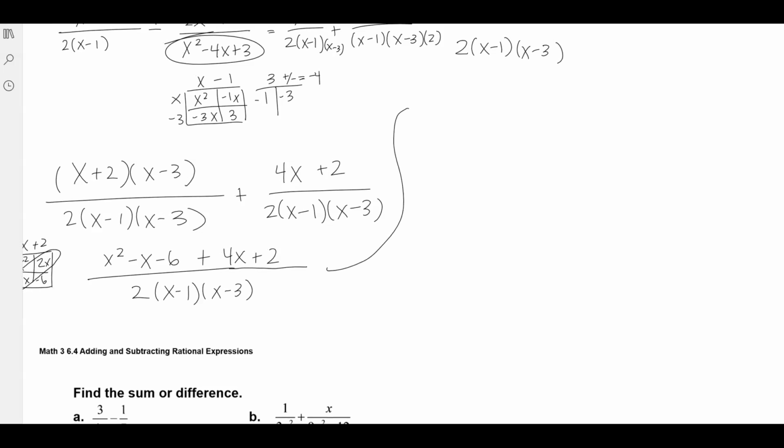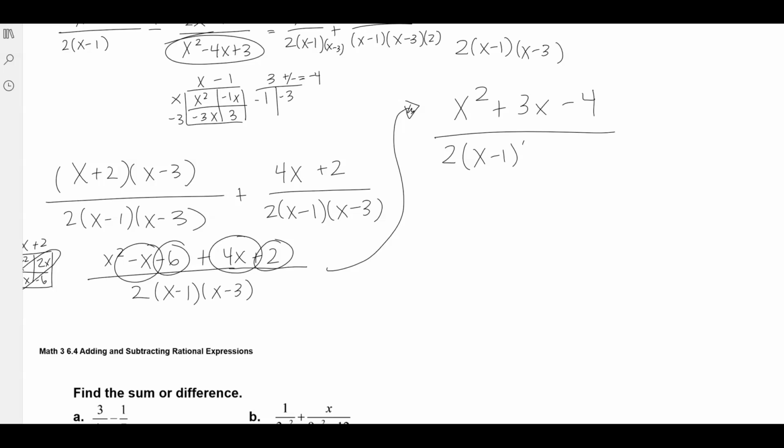All right, then I'm going to bring it up here, and I'm going to add like terms together. So we have x squared plus 3x, and then negative 6 and 2 makes a negative 4, all over our 2x minus 1, x minus 3.